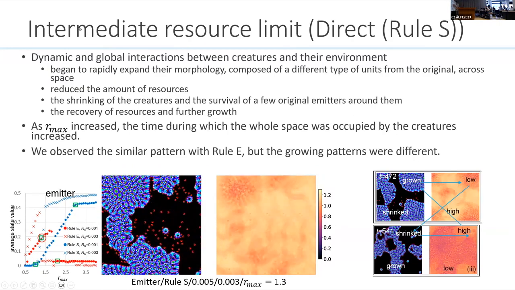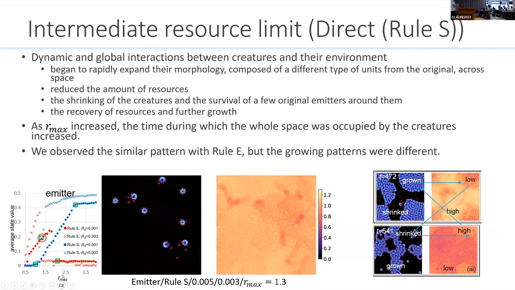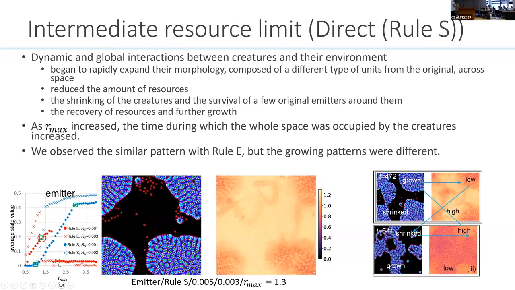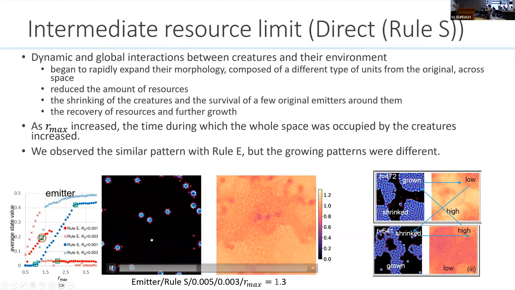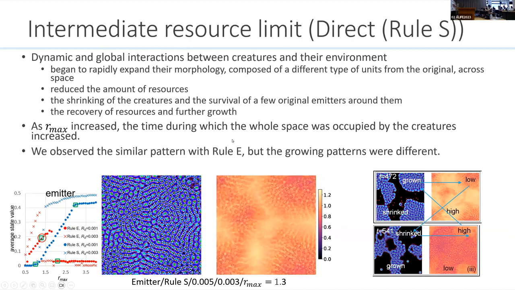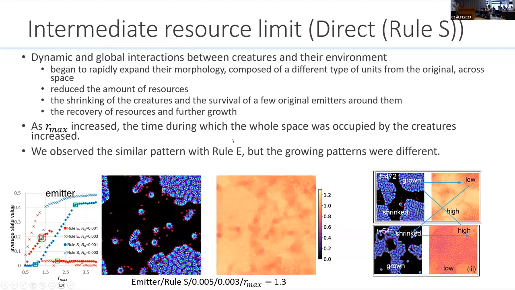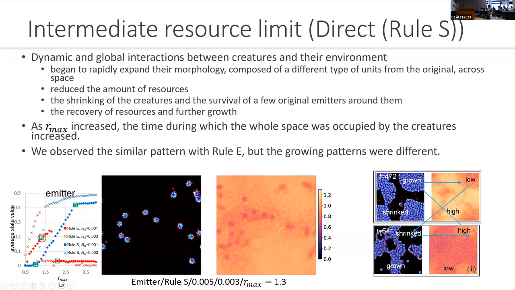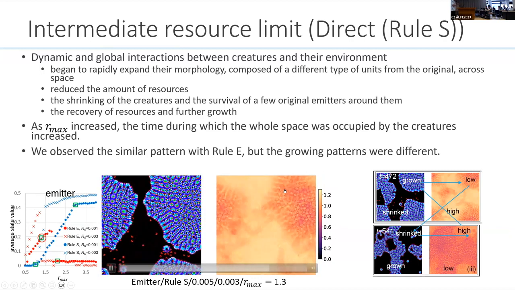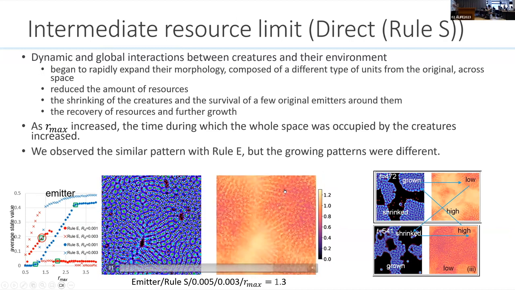The second one is the intermediate case. If the Rmax upper resource limit is intermediate, we could see the dynamic and global interactions between creatures and environment. It is a kind of prey-predator population dynamics. Creatures began to rapidly extend their morphology, composed of different types of units from the original, over the space.